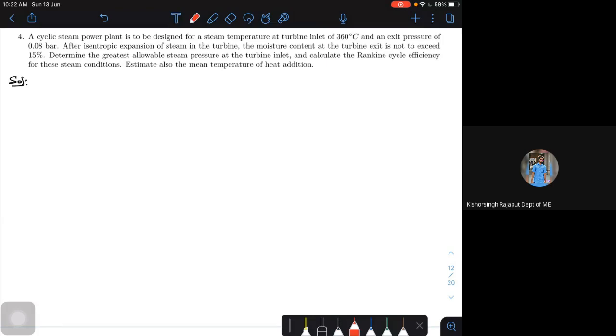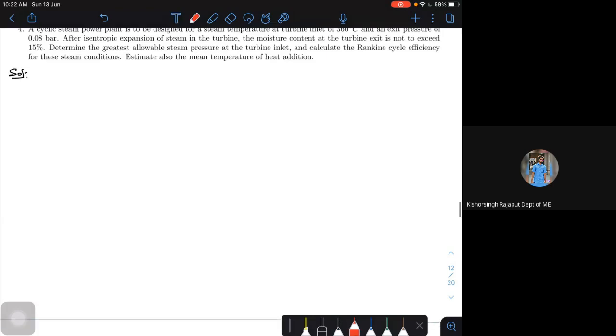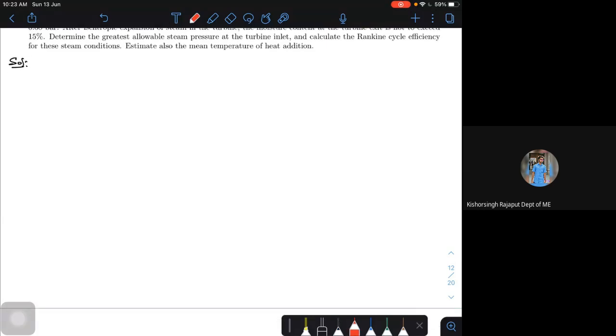Solution. Let's put the TS diagram: temperature versus entropy. Either you can use TS or HS, both diagrams are fine. If you draw the diagram, you will come to know how this particular cycle works. The first thing is pumping, from point 1.